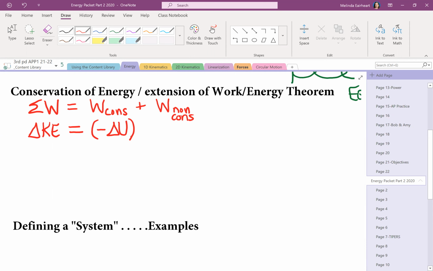Is this a true energy statement? I got one energy on the left, three energies on the right, but it's a good thing we include that negative. By the way, it's most commonly forgotten. A lot of people forget that that's a negative piece. And if you include it, notice potential energy takes care of itself on the right. It zeroes out. And then all you're left with is change in kinetic, okay? And so energy is conserved as long as you take everybody into account. So this is like accounting, right? Make sure everybody's accounted for.